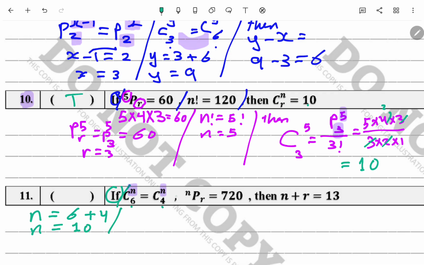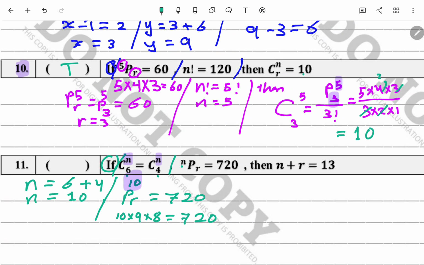I can take this 10 to the second given, which is 10 permutation r equals 720. Also, you are lucky if you have the value of n. So start by writing 10 multiplied by 9 multiplied by 8, and this is enough to give you 720. You can count them to know how many factors you have.